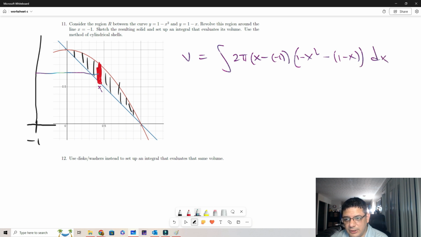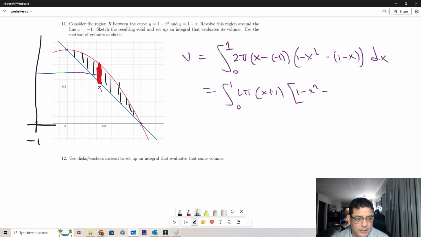And you can see that they intersect at both x equals 0 and x equals 1. So it's from 0 to 1. At the very end, this is 0 to 1, 2 pi, x plus 1, times 1 minus x squared minus 1 plus x.